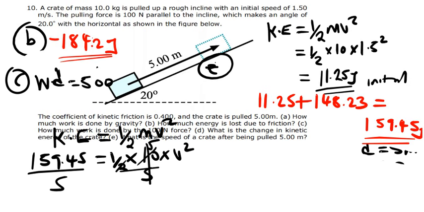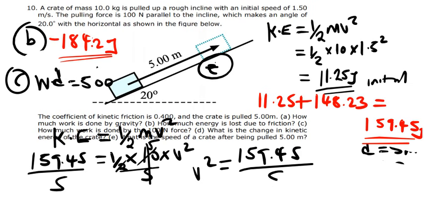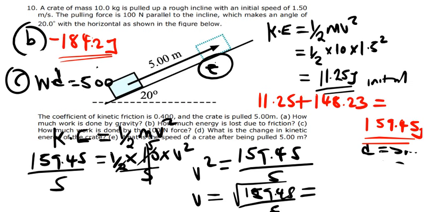So v squared will be equal to 159.45 divided by 5. For me to find my v, I'm just going to take the square root on both sides. So it will be the square root of 159.45 divided by 5. So what do I have?